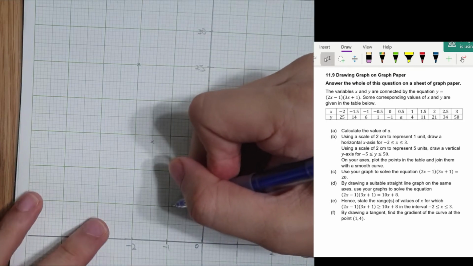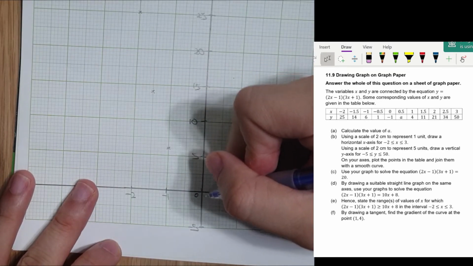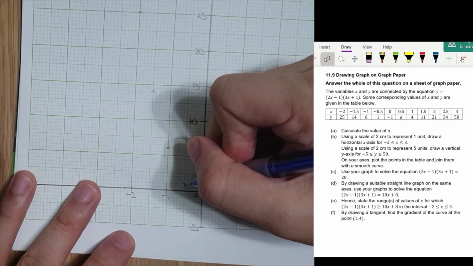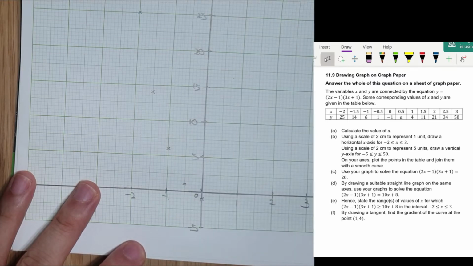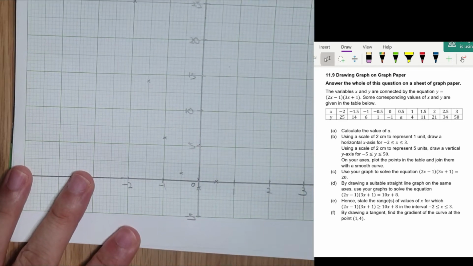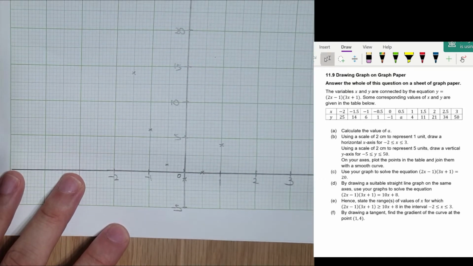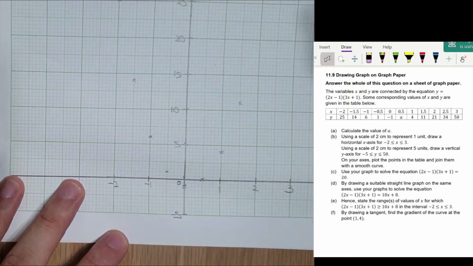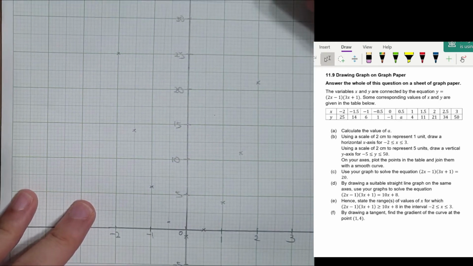Okay, -1, 6. 0, -1. -0.5, 1. 0.5, 0. 1, 4. 1.5, 11. 2, 21. 2.5, 34.